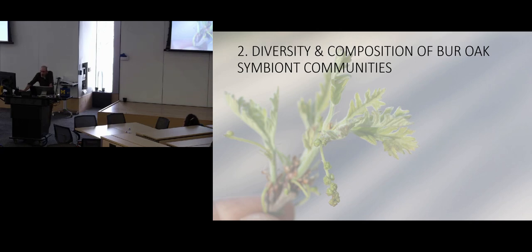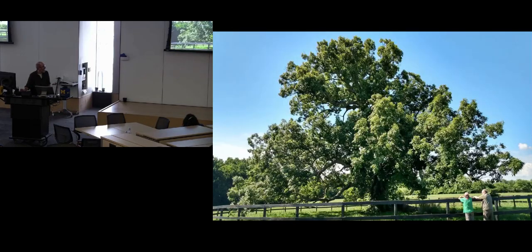We know that oaks are disproportionately important ecologically, and a lot of this has to do with their mass. This is a big chinkapin oak outside of Lexington. It's called the Great God Tree by its owners. They own a horse farm. They call it that because they look at it and they're like, great God, that's a big tree.